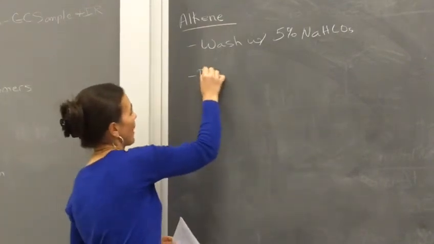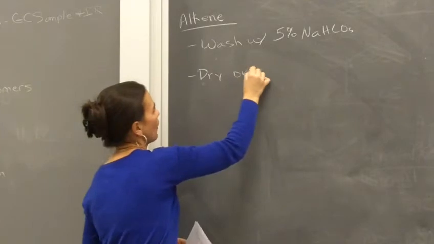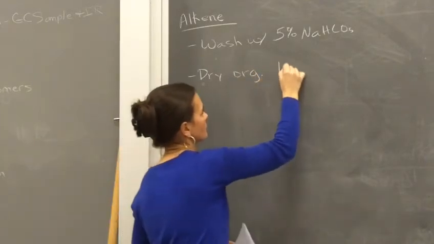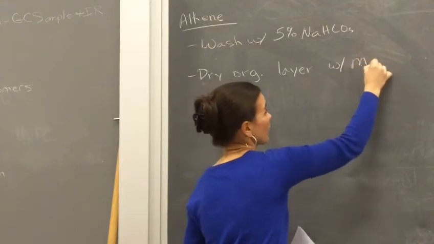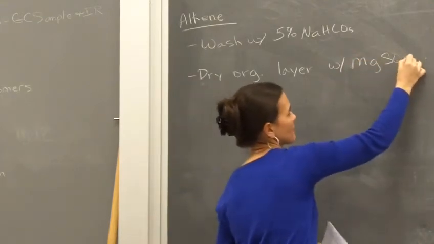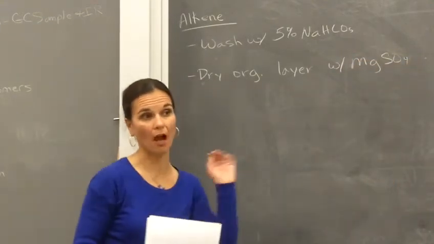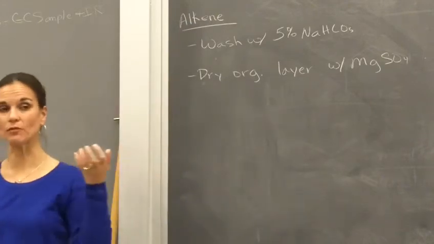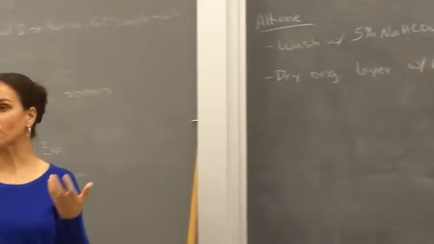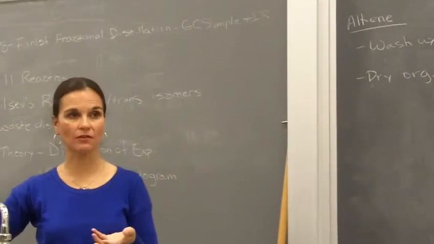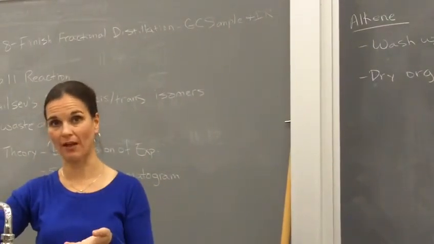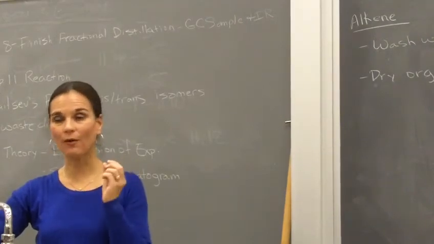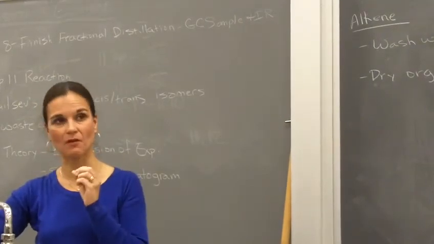Then you're going to dry your organic layer with magnesium sulfate. So a lot like you did last week. However, this is going to be a lot less magnesium sulfate that you're going to use. Your alkene is neat. We do not want to add any solvent to it, because if we add solvent to it, then we're going to have to do a simple distillation step to remove that solvent, okay? So you're not going to use a lot of magnesium sulfate to dry it.